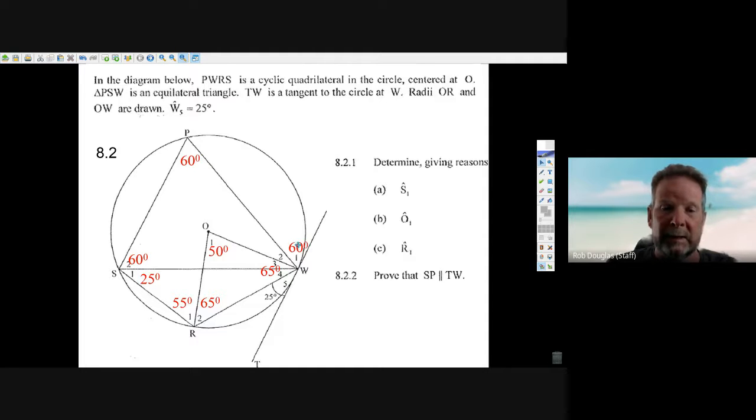W1 must equal 60 degrees because, oh, that's the angle between a tangent and a chord, the tan-chord theorem. And then that means these 2 lines must be parallel because their alternate angles are equal, both equal to 60 degrees. And that makes these lines SP and TW parallel.